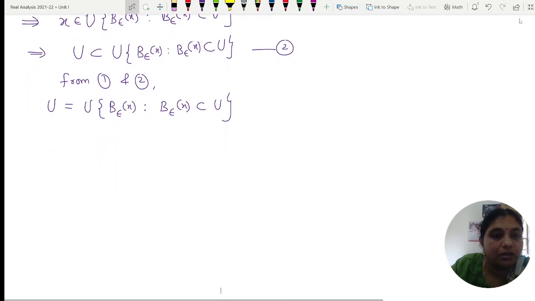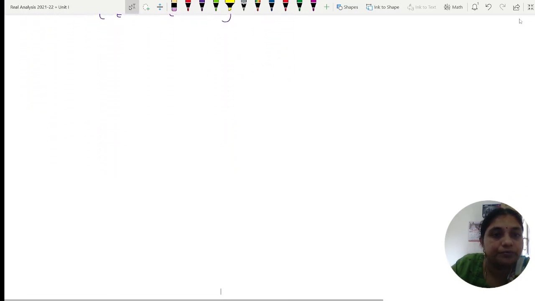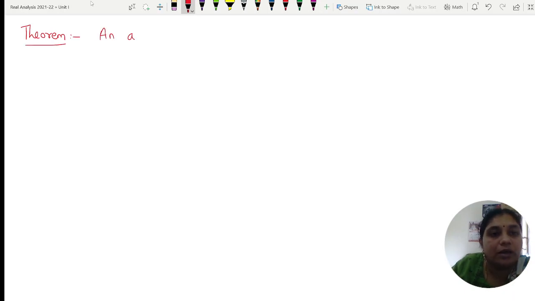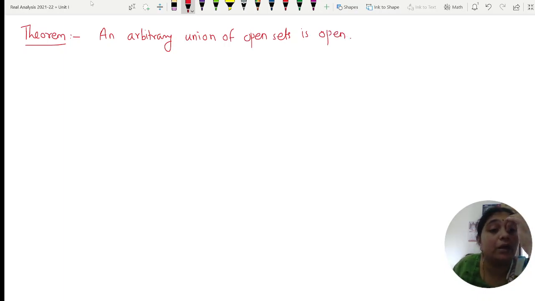Now we want to prove the next theorem. An arbitrary union of open sets is open. We want to prove an arbitrary union of open sets is open.